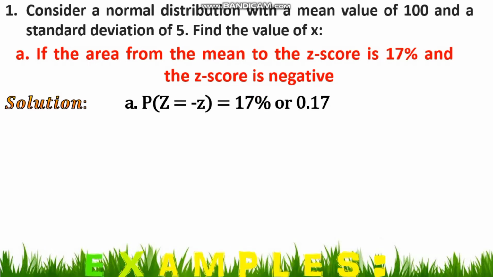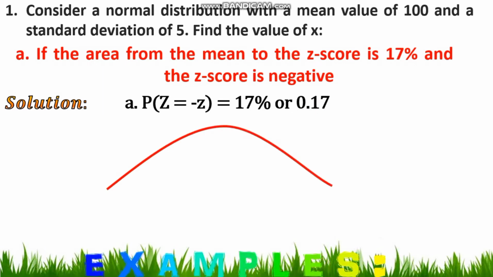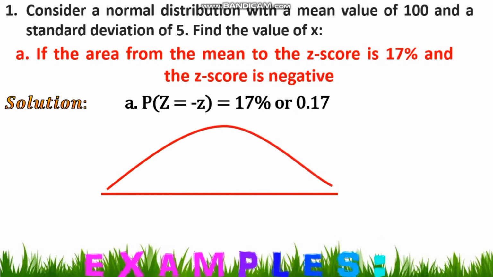So, ano daw yung z-score na yon na alam mo na that is a negative z-score. So, 17% in decimal form is 0.17 or 0.1700.